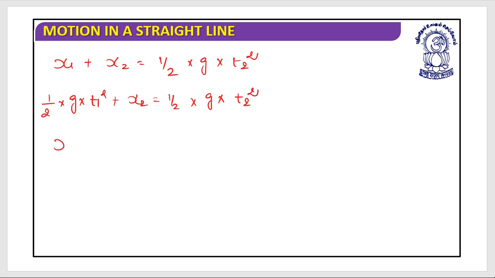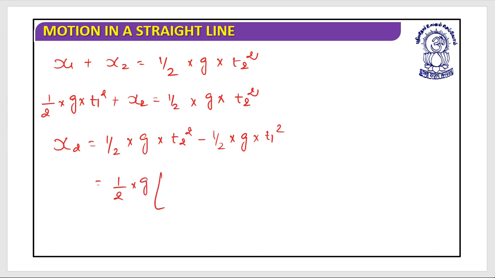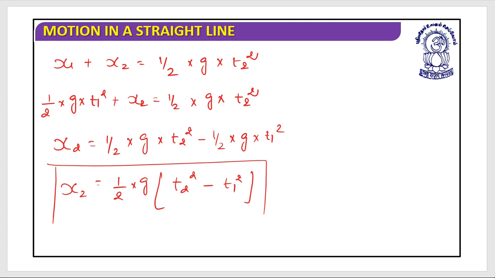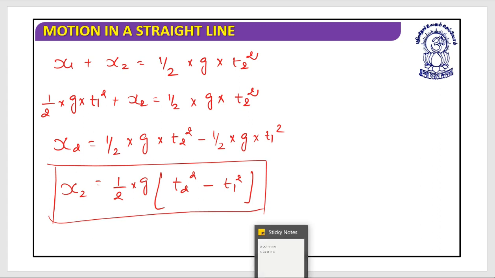So x2 is half into g into t2 square minus half into g into t1 square. Let's take half into g as a constant, so x2 equals half g into t2 square minus t1 square. This would be the answer. I hope you have got the same answer. Can you do this? Are you sure?